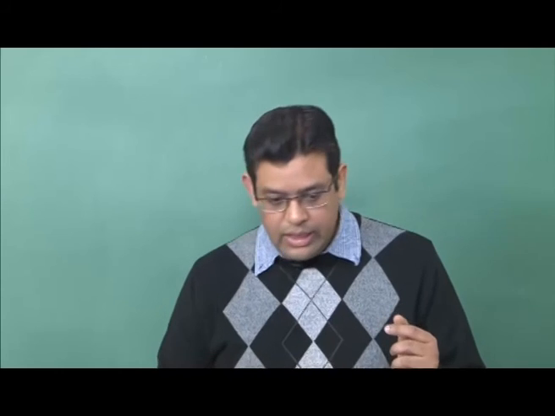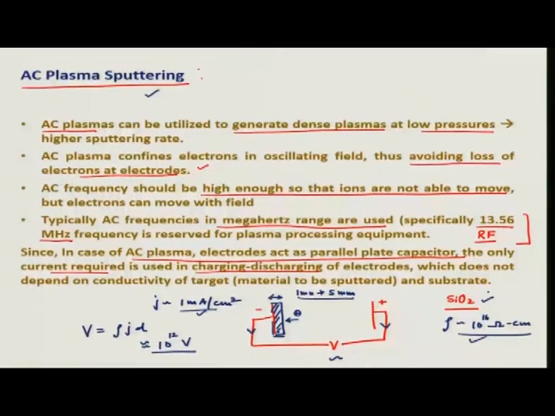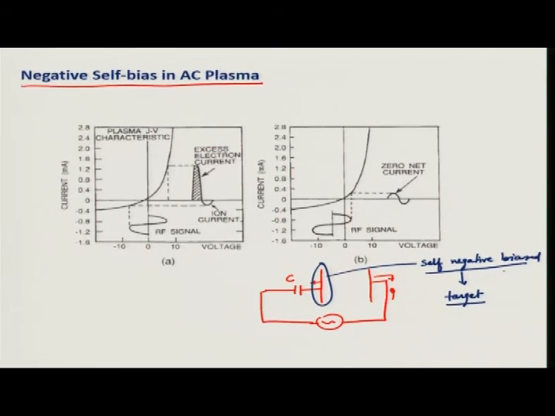Also recall, we have discussed that the AC frequency should be high enough so that ions are not able to oscillate. So, they are not oscillating with the field, they are moving in one direction with this self negative bias towards the target, resulting in sputtering. So, our sputtering process is still going on.